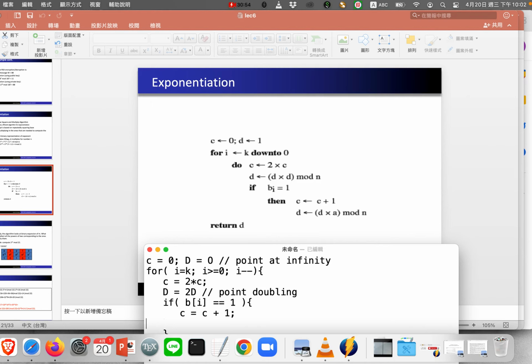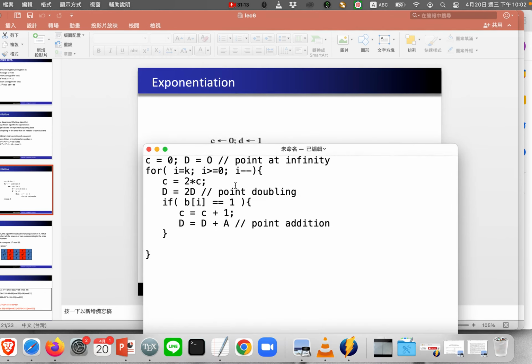I want to use C++. And now here we change. This D is reset to D plus A, so point addition. You gotta be careful, this is point addition. And then finally we return D.